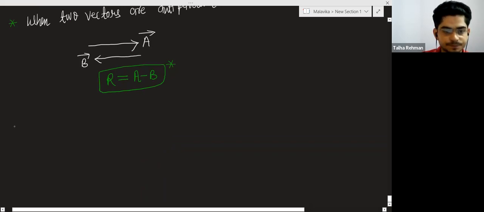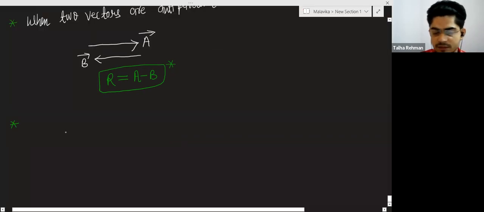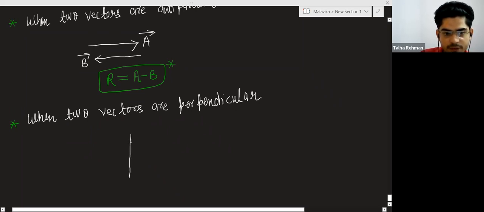And there is one more case, and this is the last case. When two vectors are perpendicular, here is one vector, and from this point there is another vector, and this angle is 90 degree.